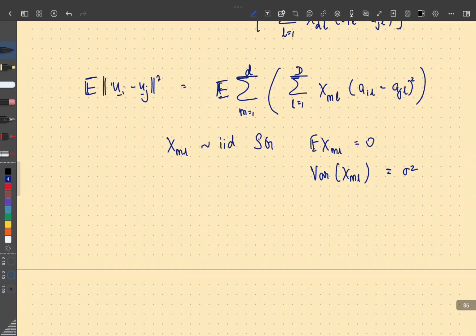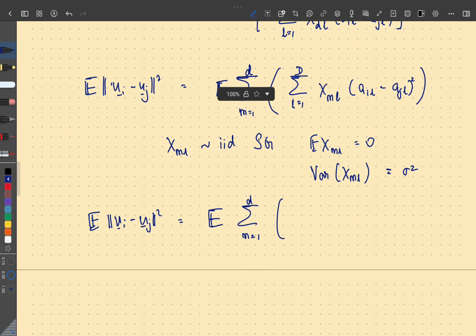We'll see how to choose sigma square. So the expectation of the norm of U_i minus U_j squared is going to be equal to the expectation of summation m equal to 1 to d.